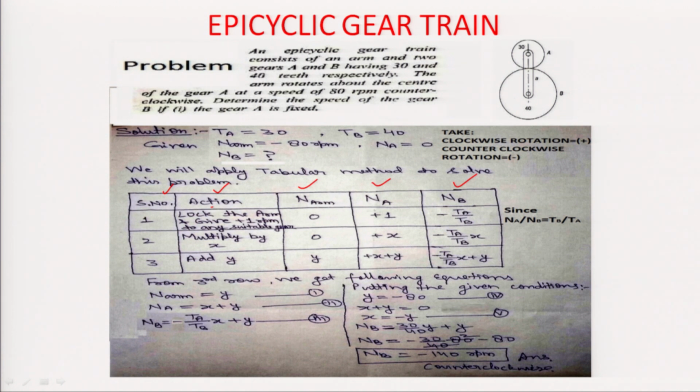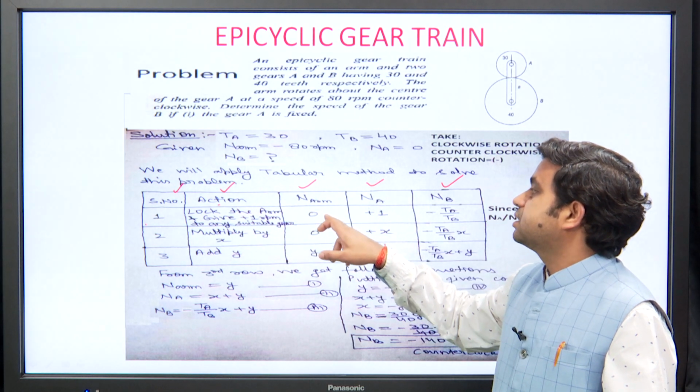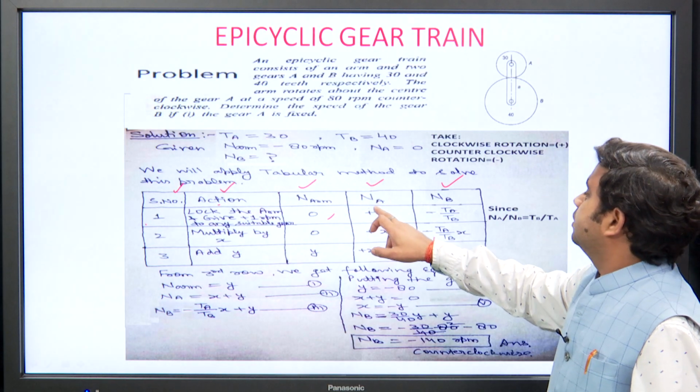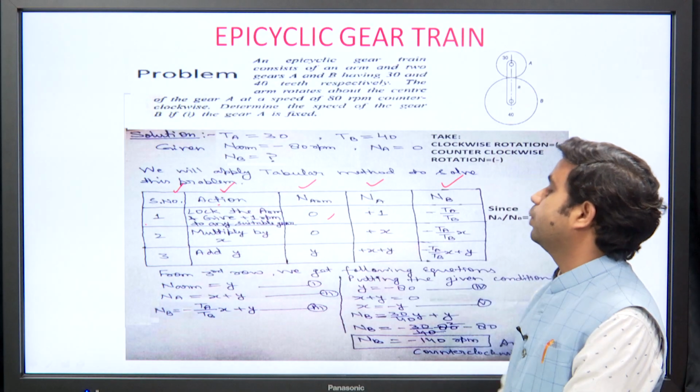Now, there are 4 rows, in which the second row, that means serial number 1, gives the action to be taken. The first action is to lock the arm and give +1 rpm to any suitable gear. Lock the arm means the arm speed will be 0, and we have to give +1 rpm to any suitable gear.